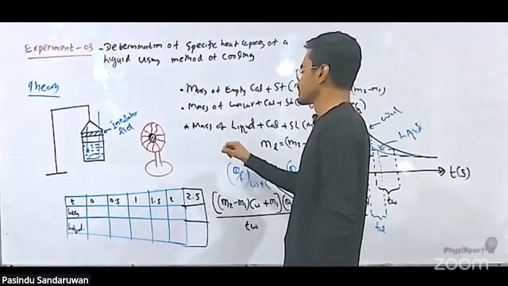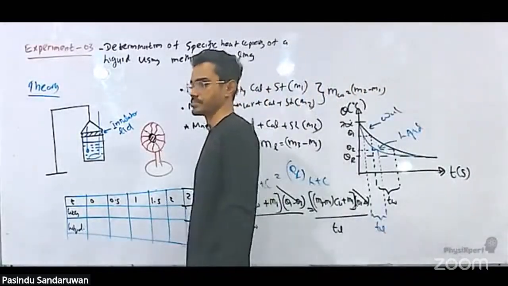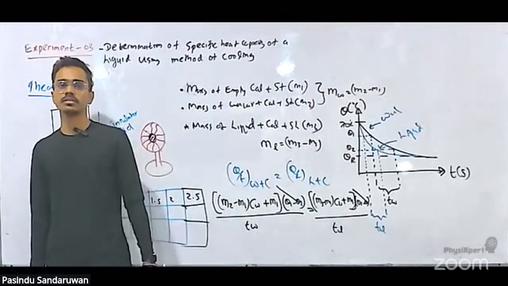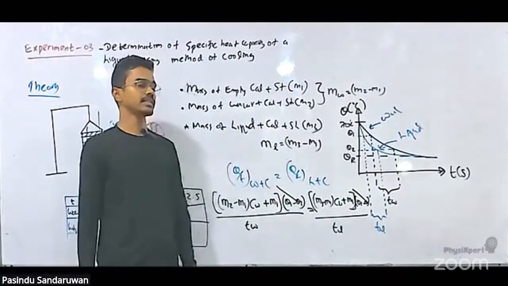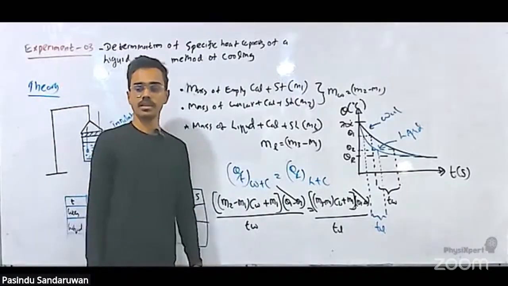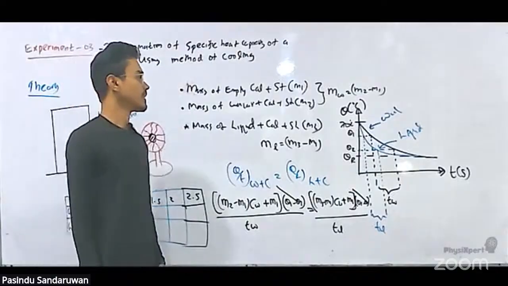Next one, mass of liquid, comma, calorimeter with stirrer, M3.